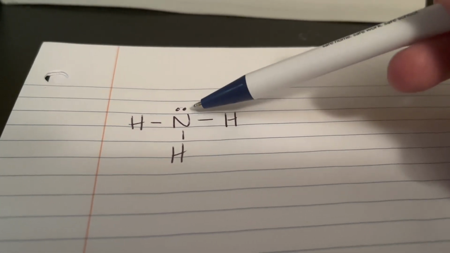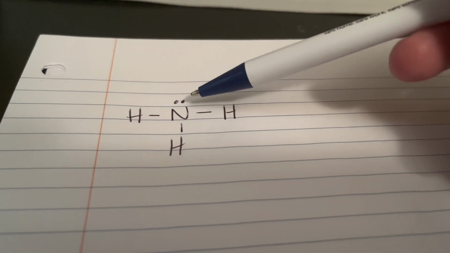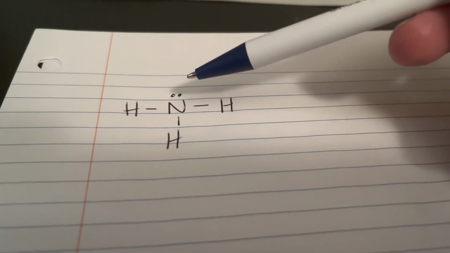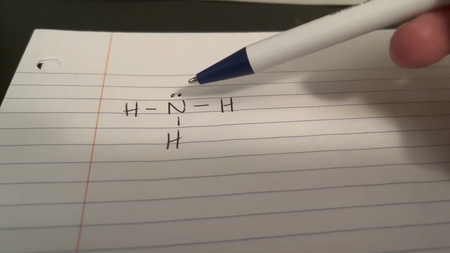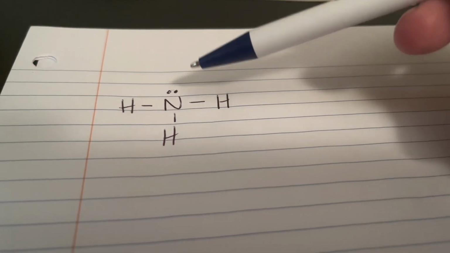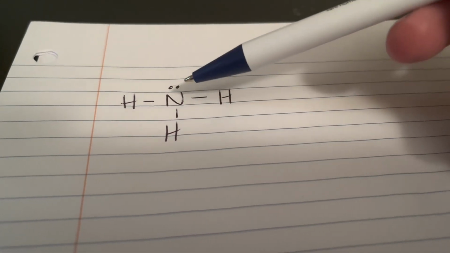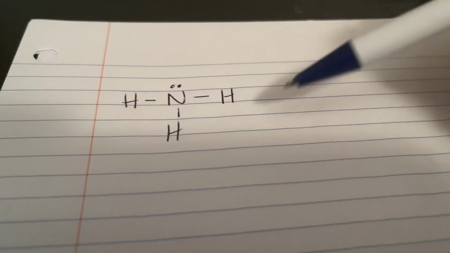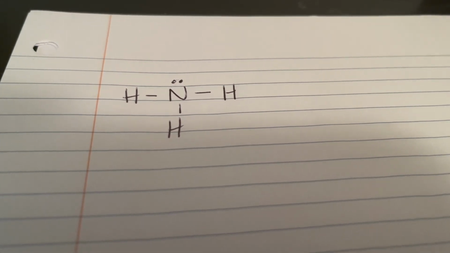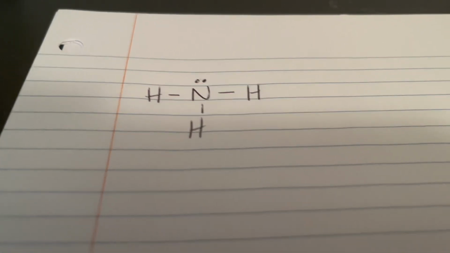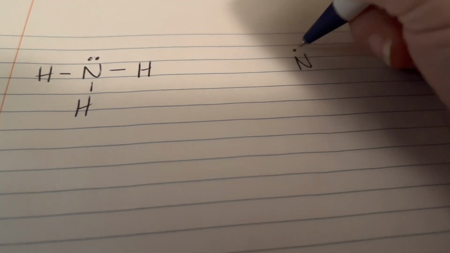So they end up exerting a bit more force on the bonds, moving them a bit closer together, okay? So the non-bonded pair is right on top of the nitrogen atom. So in this shape, the angle isn't going to be quite as far away. So before we had the 109 degrees, this one is going to end up being about 107 degrees. It's only slightly smaller because of the one unbonded pair.